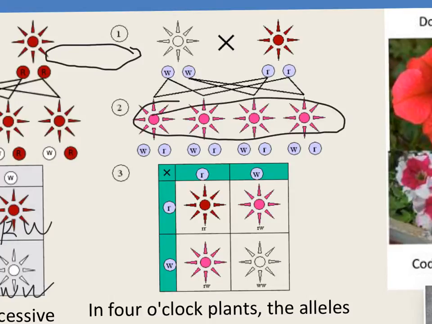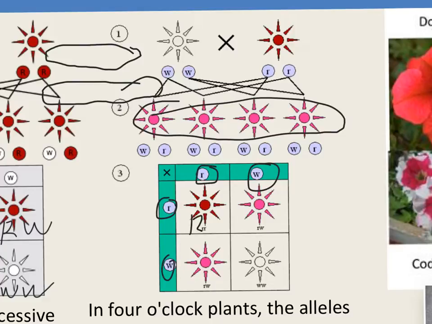Okay? And you can see who these F2 are. They're WR, WR, WR, WR. They're all heterozygous. Okay? So, if we have, as we see here, an R and a W, and here we have an R and a W. When you have RR homozygous, that's red.